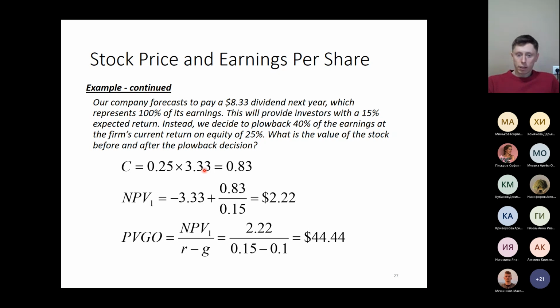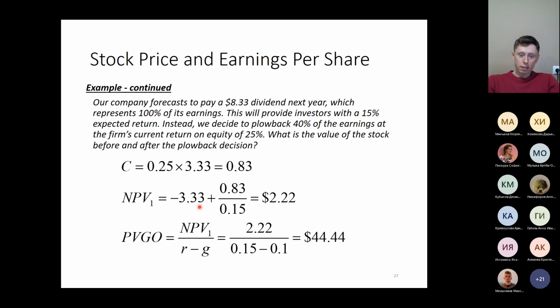Next period, having the return on equity of 25%, on top of this 3.33 we would additionally generate 25%, which is $0.83, or 83 cents, on this $3.33 that we plowed back to our business.